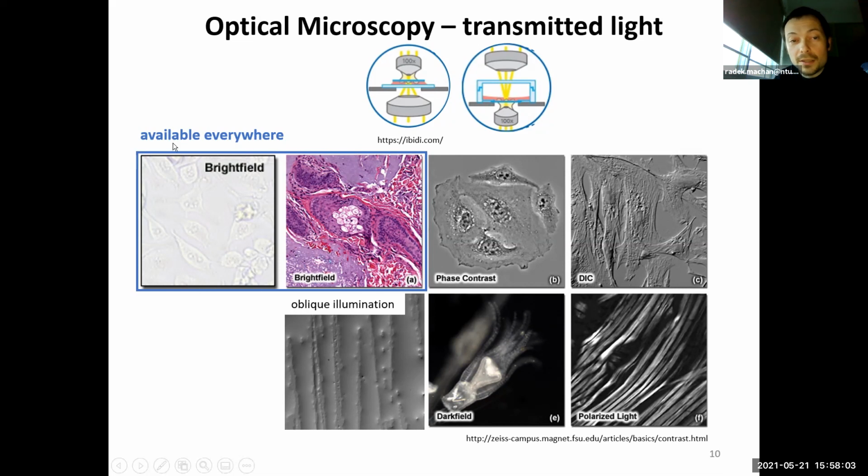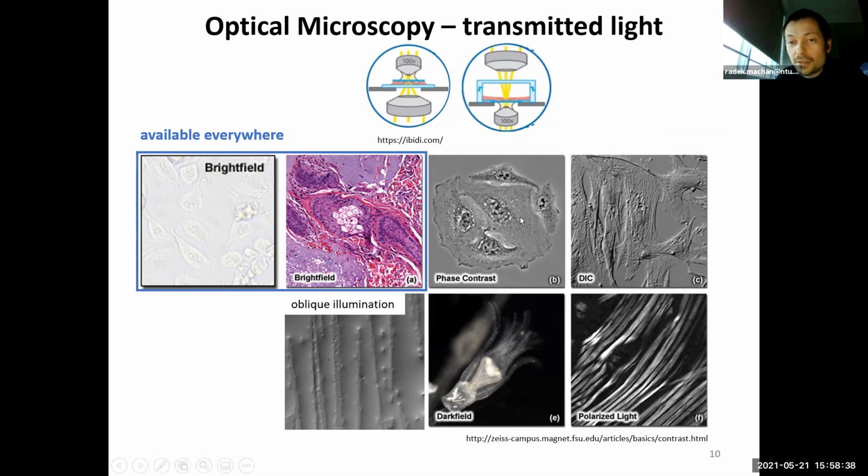So basically, bright field is the simplest thing. On any microscope which can do transmitted light, you can do bright field. For all these things, you need some special components. For phase contrast, you need specialized objectives. For DIC, you need special prisms which are inserted into the condenser and below the objective, and so on.